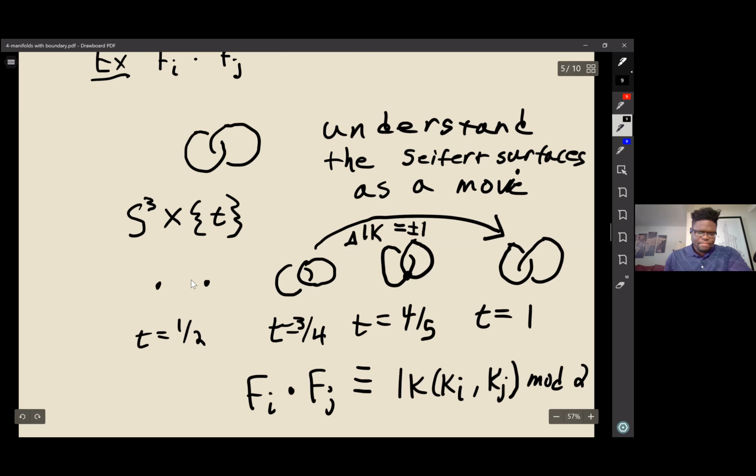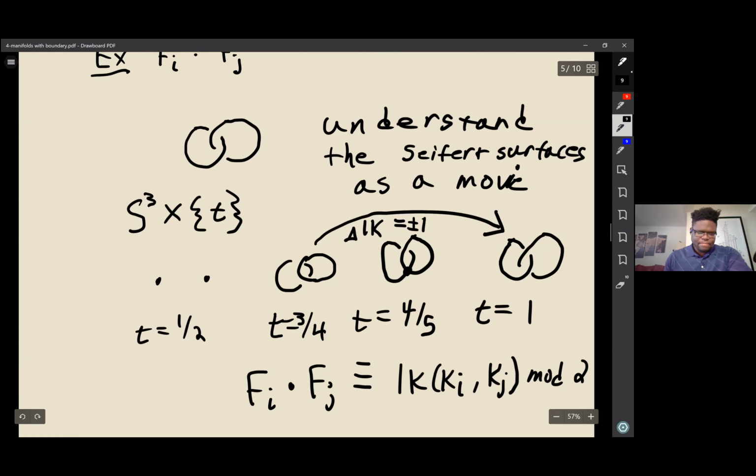Right, because I start with these two components completely unlinked, and by the time I pass through all the intersections between the two surfaces, I get the actual link that I care about.